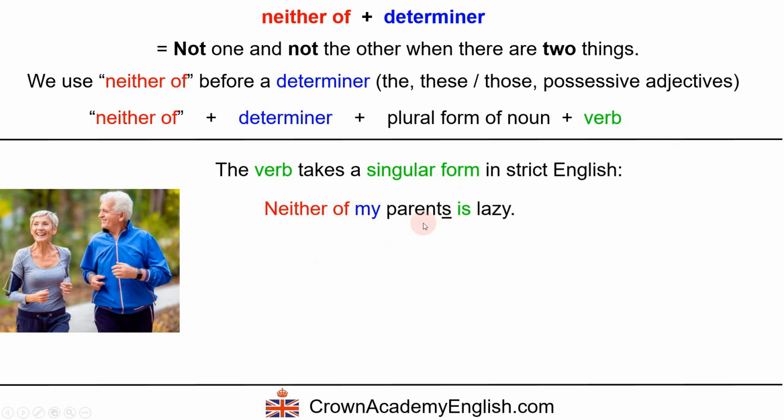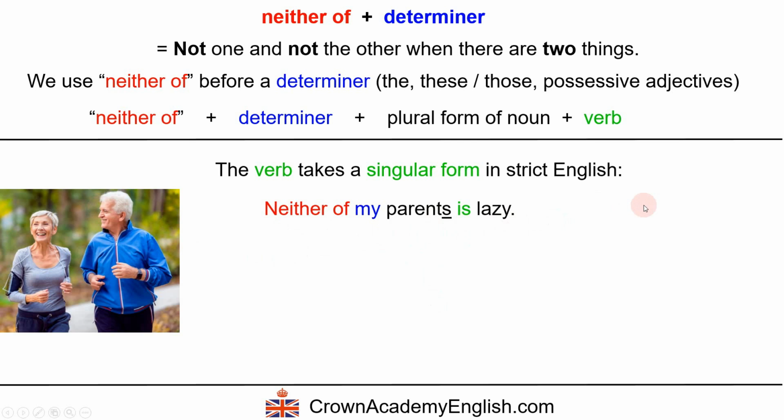Parents, this is in the plural form with an S, but in strict English we have the verb in the singular, third person singular form, is lazy. Because we're talking about each parent individually. Collectively there are 2 parents, but individually we are talking about them individually, so we say is.